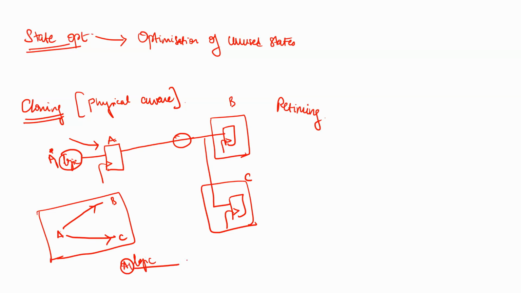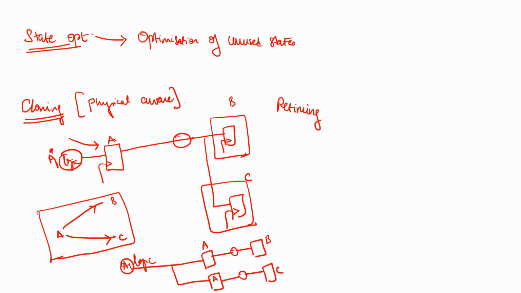The logic A1 is now going to two flops. This flop is connected through this logic to flop B, and this flop is again connected through this logic to flop C. So I now have two copies of A.